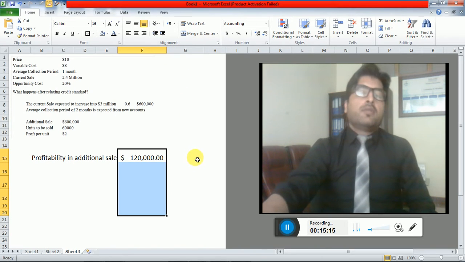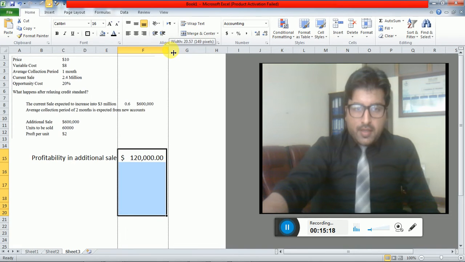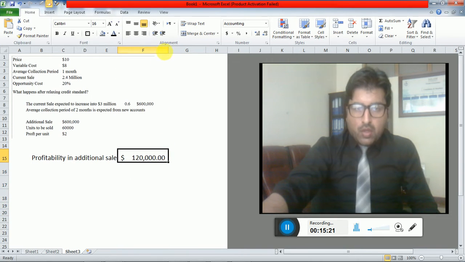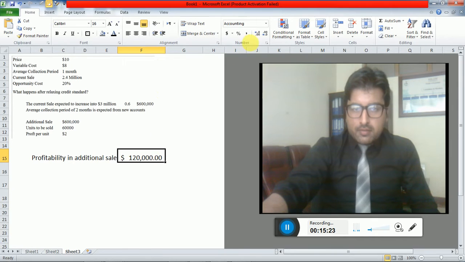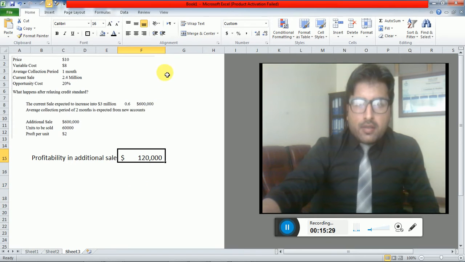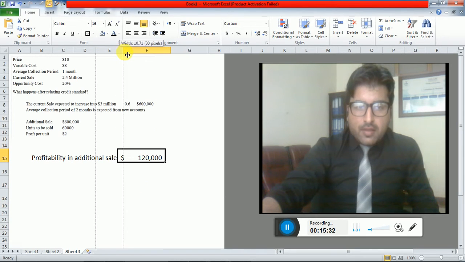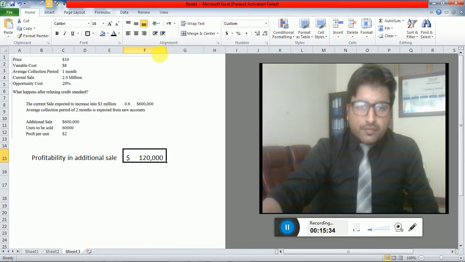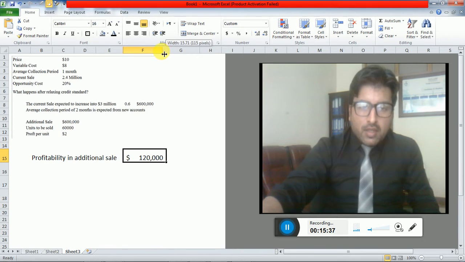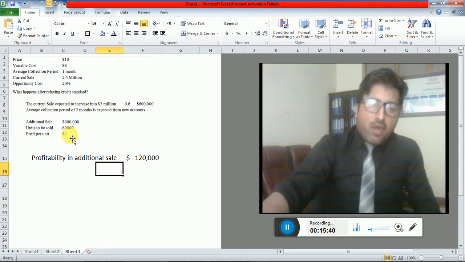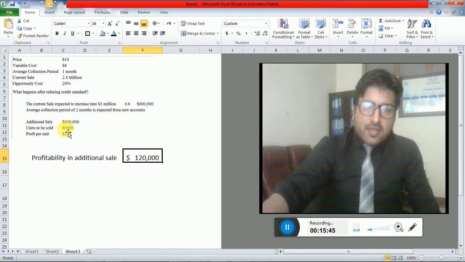Dear students, so easy and simple. It means if you are selling an additional 60,000 units and the profit in one unit is $2, then in 60,000 units, which is $600,000 sale, the profitability is equal to $120,000.